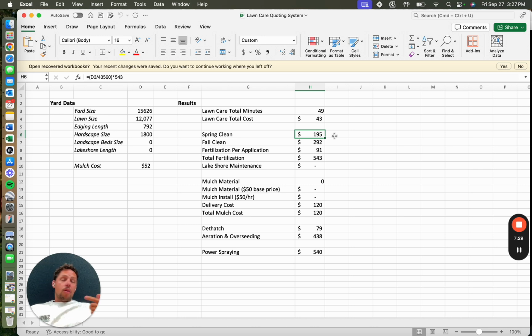So as we did more and more lawns, we'd archive how long it took us to do a spring cleanup, how long it took us to do a fall cleanup, how long it took us to mulch, how long it took us to dethatch, how long it took us to aerate. So eventually we got it down to a science in which we knew how long it would take and we know what our rates are for each category. Therefore, we are able to price everything very quickly, right?